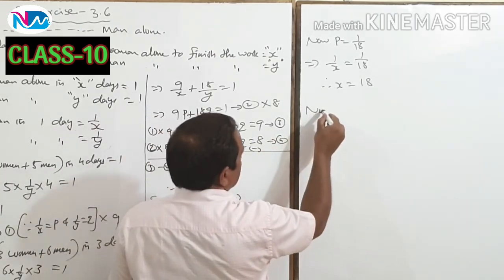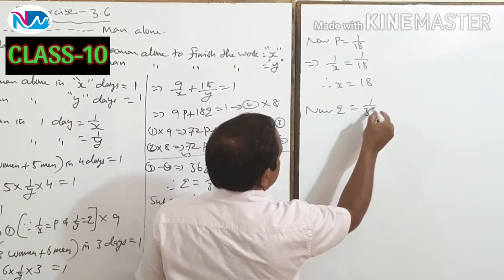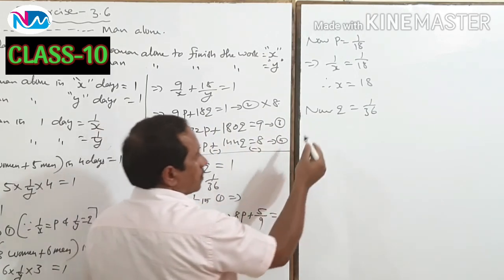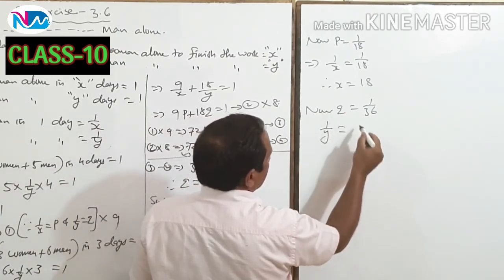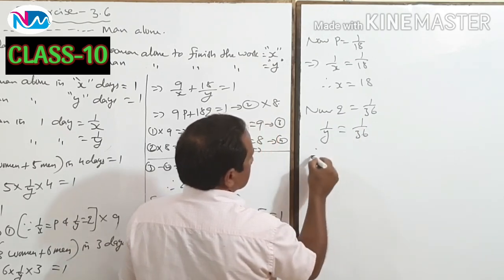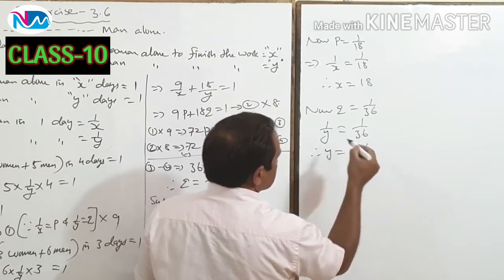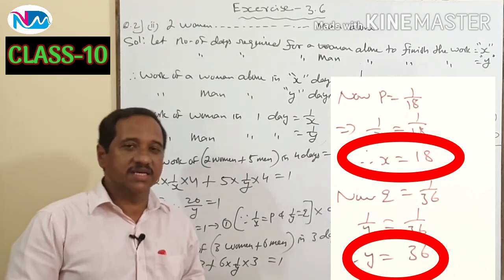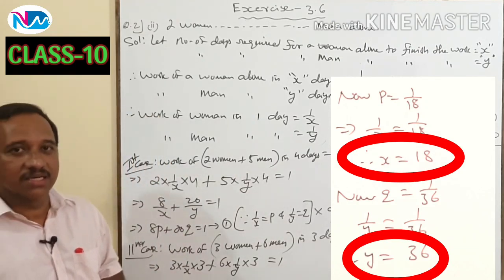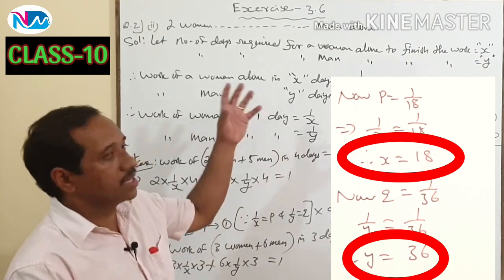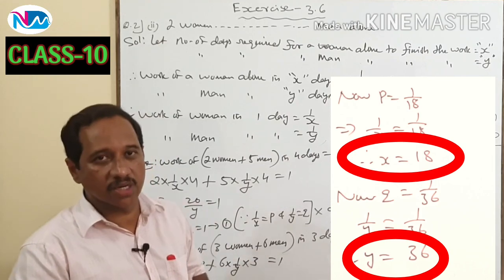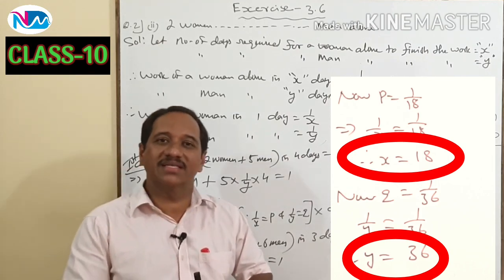Now q is equal to 1 by 36, and q is replaced for 1 by y. 1 by y is equal to 1 by 36, therefore y is equal to 36. Hence, we are getting x is equal to 18 and y is equal to 36. It means that the number of days required for a woman alone to finish the work is 18, and that required for a man alone to do the work is 36.